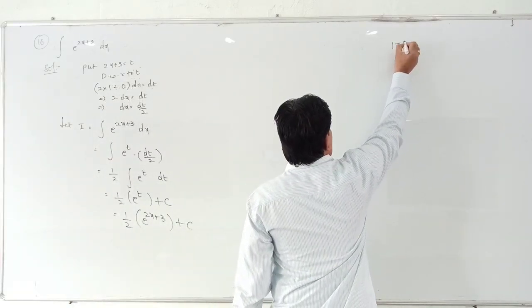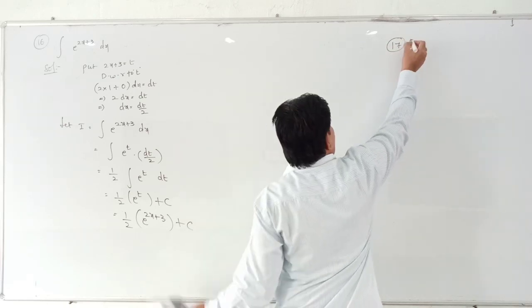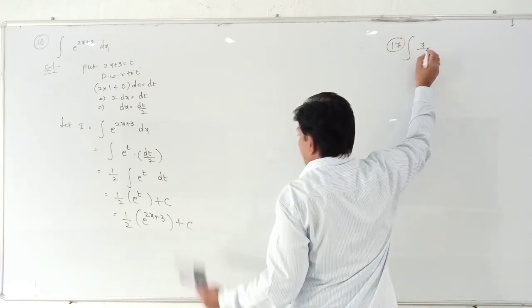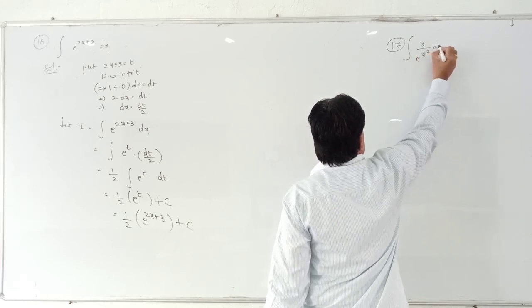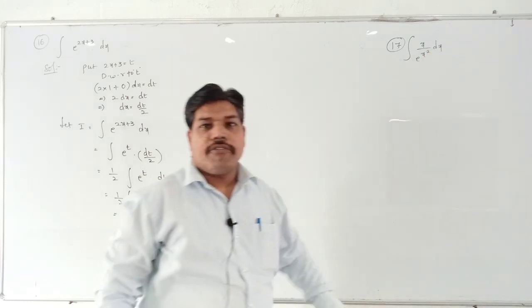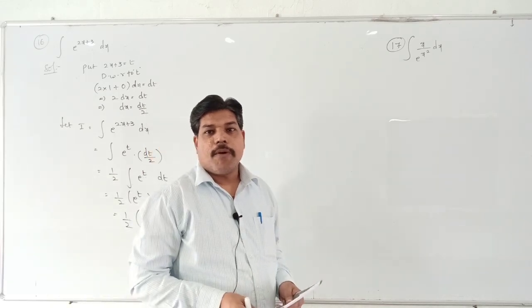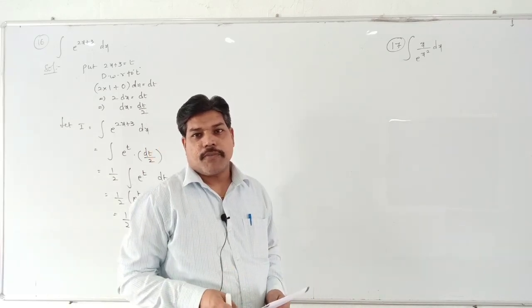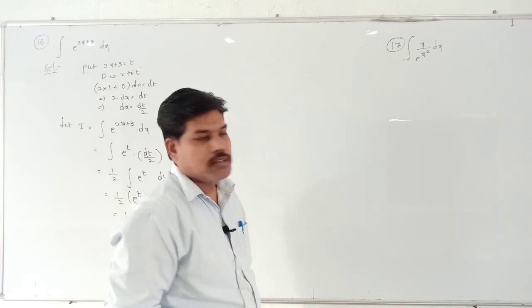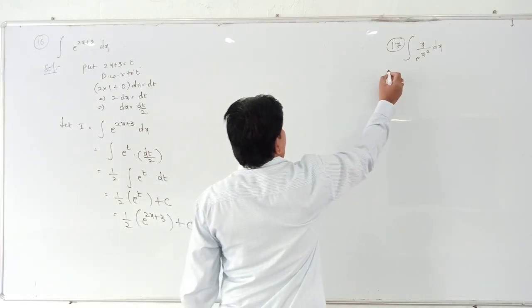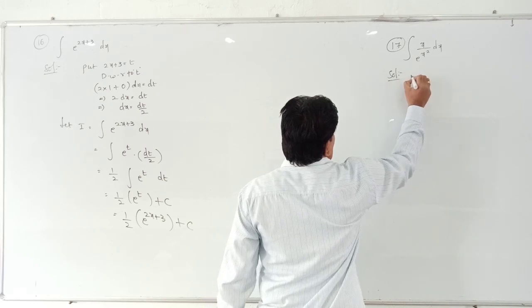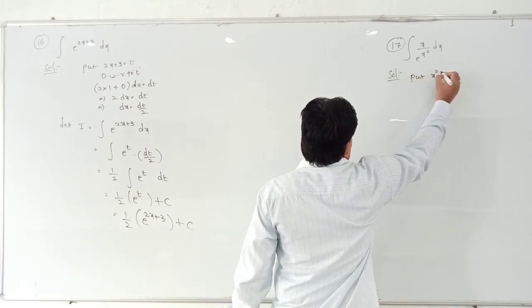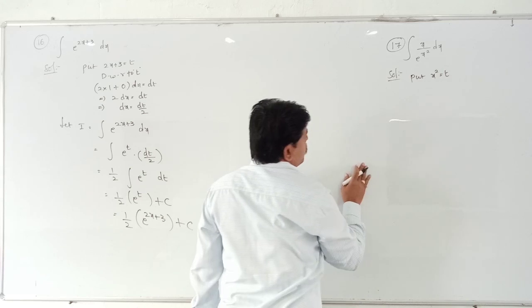So see the next question, question number 17. So what is the question number 17? Integral of x by e power x square into dx. Okay, so see that question, students, how to solve that one. So see that, put x square is equal to t.